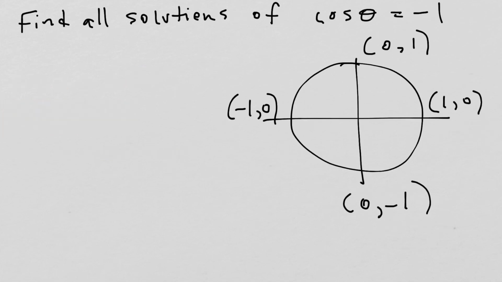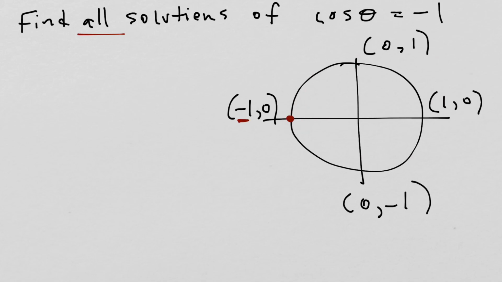Okay, and this is the last one of this type of example. I'm looking for all solutions for the cosine of theta is equal to -1, so that would be right here. It's only one point between 0 and 2 pi, so that means I got to go full circle in either direction to wind up back on that point, coterminal angles.